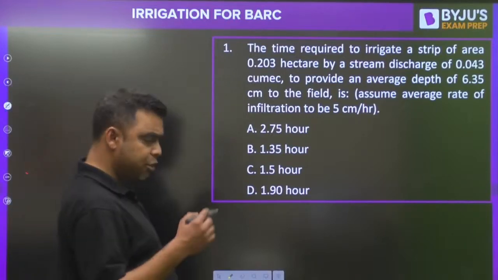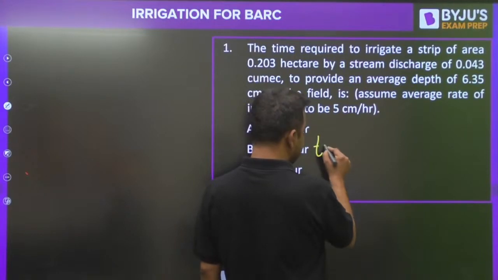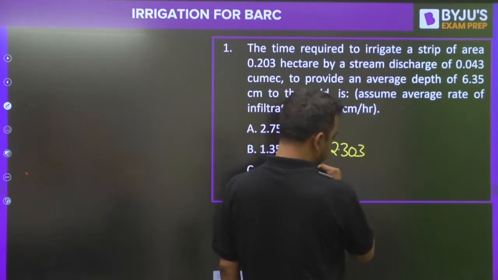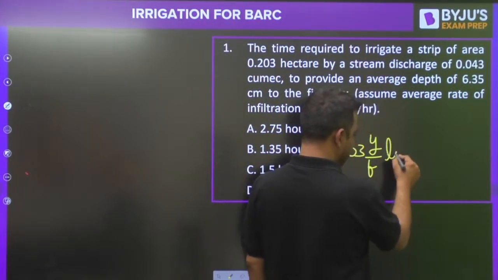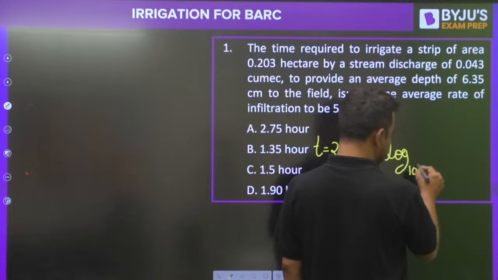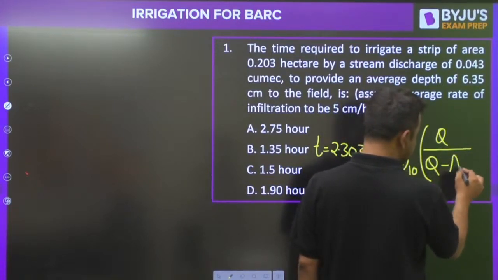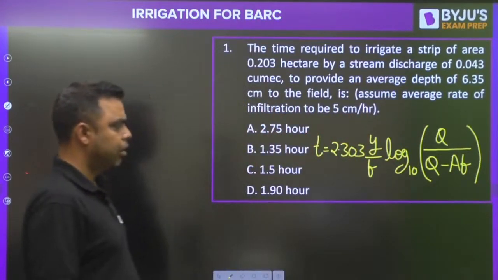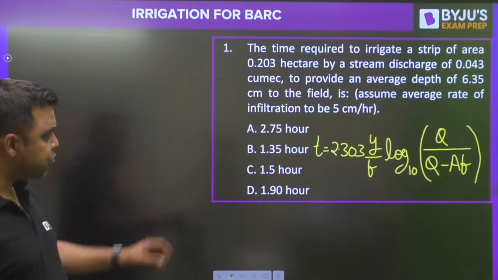I do believe that everybody is aware about the formula, that is T is equal to 2.303 Y by F log to the base 10 Q upon Q minus AF. Everybody is aware about this formula.